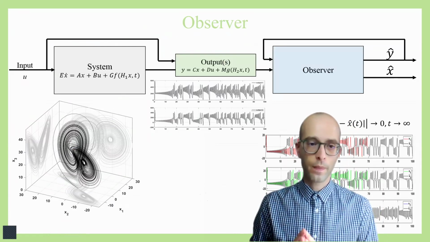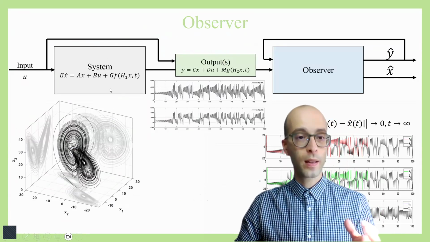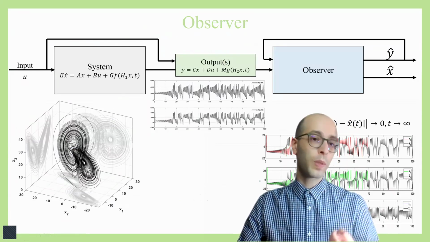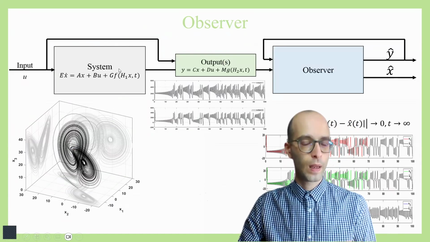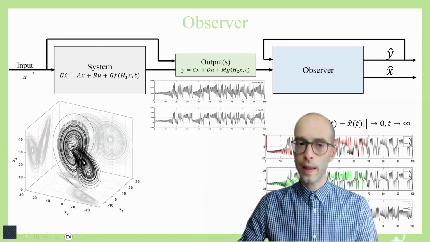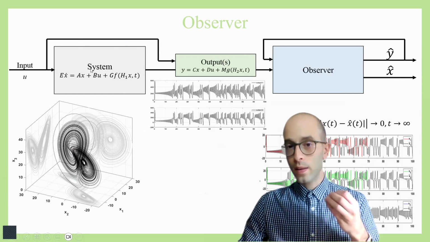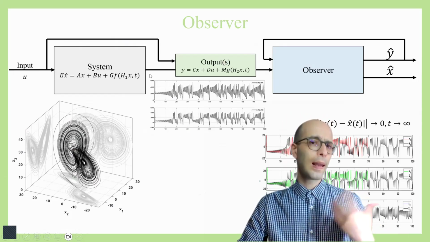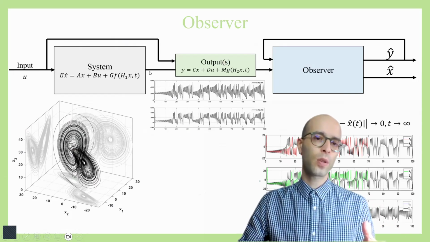So what is an observer? Let's say we have a system here and the system is a black box. We know the system, its structure, but we don't know the states of the system. So for this system, the only information we have is possibly regarding the input of the system and some information from the output of the system. And the output is in general a linear or possibly nonlinear combination of the states.